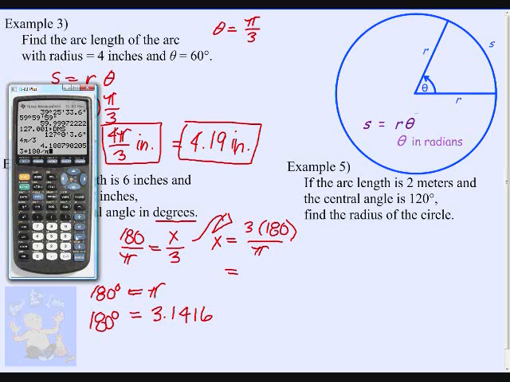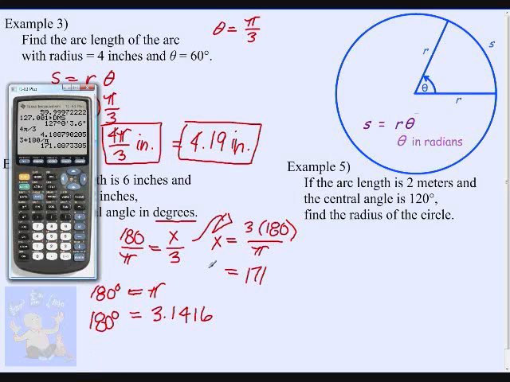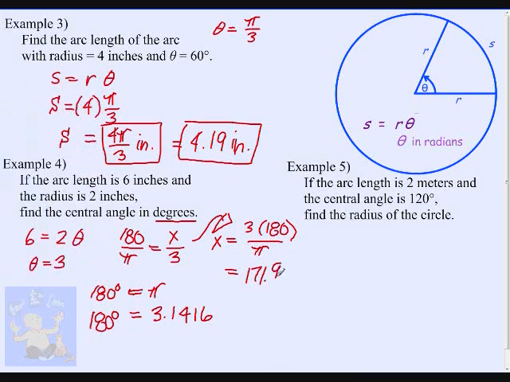Right there. Equals 171.9 degrees. When we ask ourselves, does that make sense? Yes, because we knew with 3 radians we'd be over here getting close to 180.